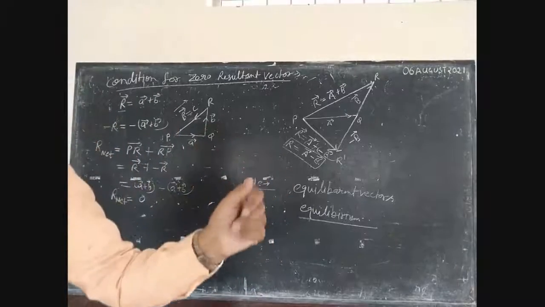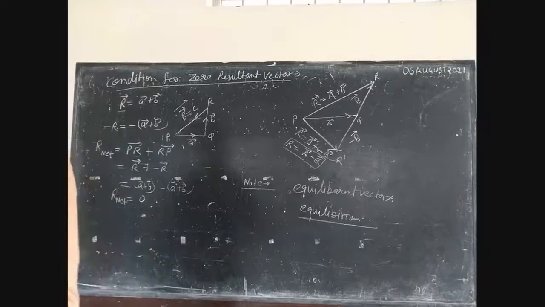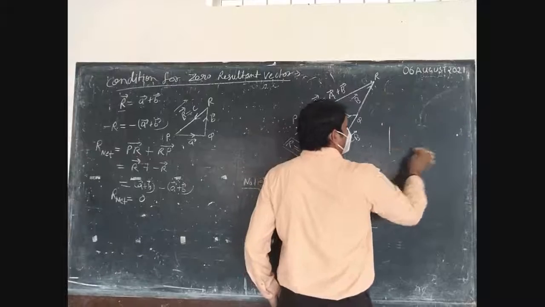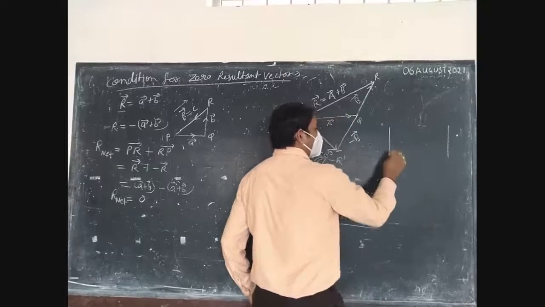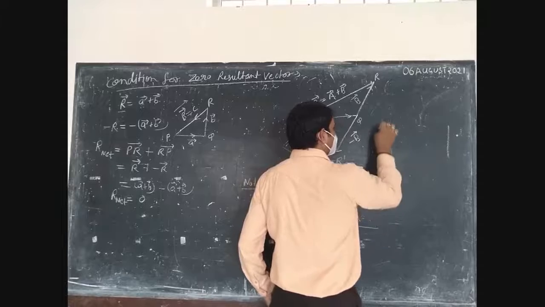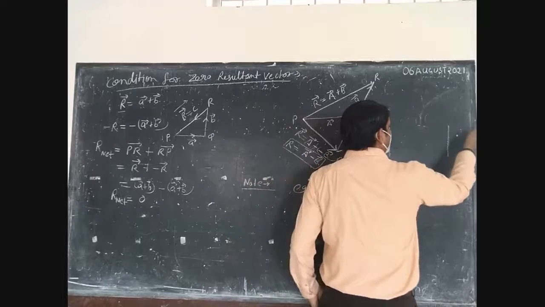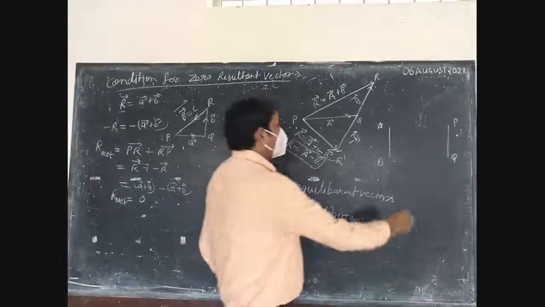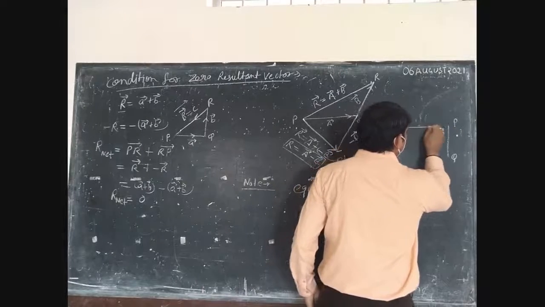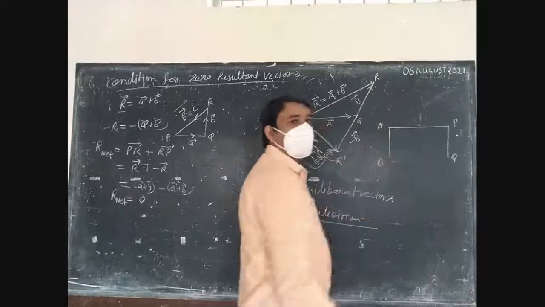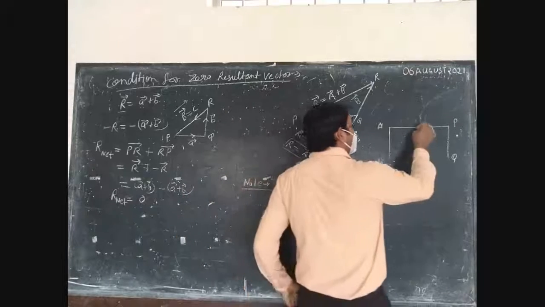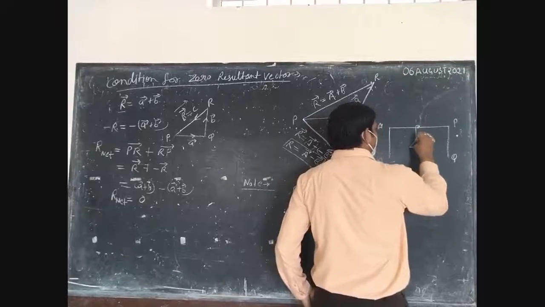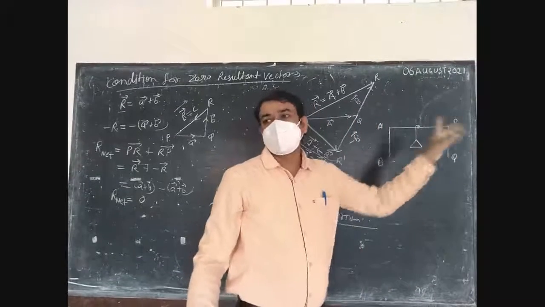Now let me explain how two or three vectors are in equilibrium. For example, we have two vertical poles, let's say AB and PQ, and a thread is tied over the top ends of the two. And we hang a load at the center of the rope.